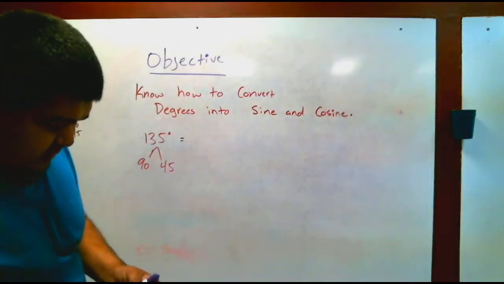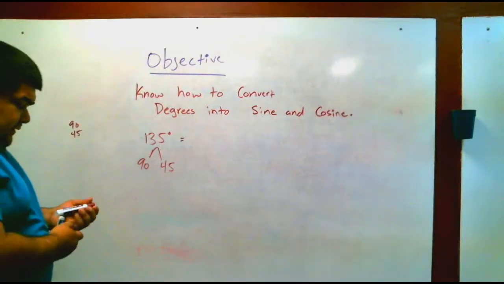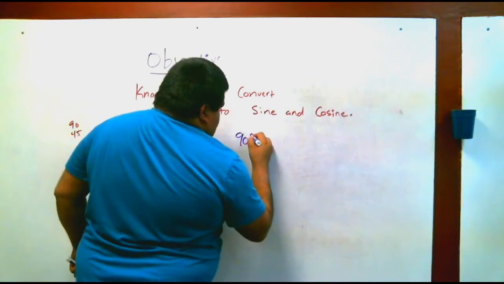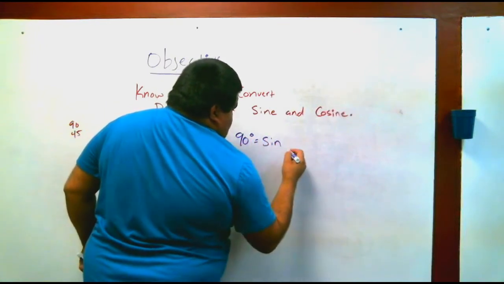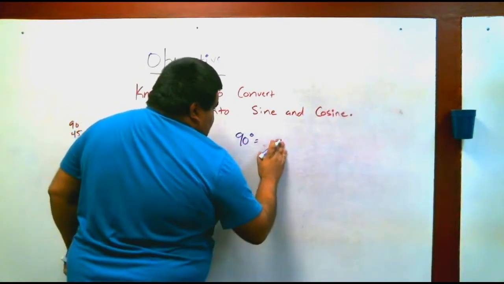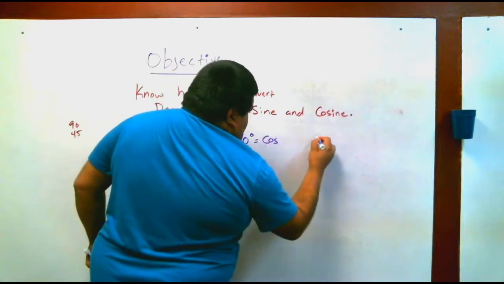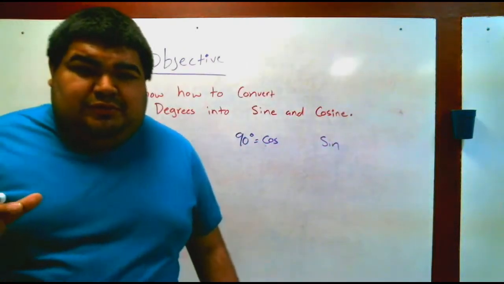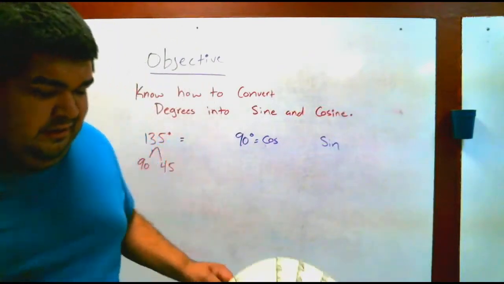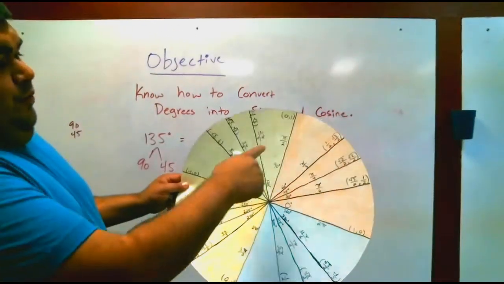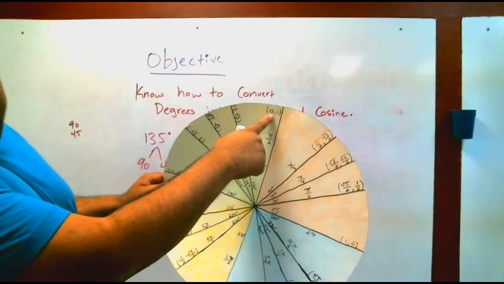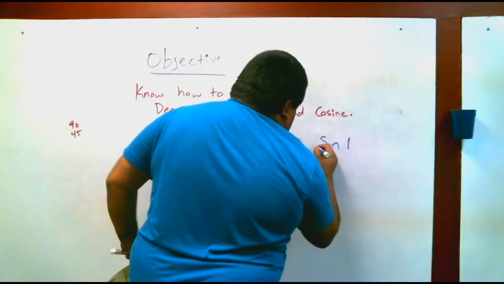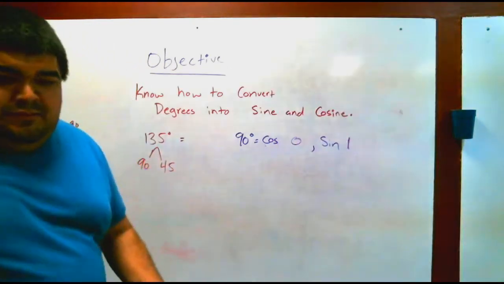So again, we go to 90 degrees. Cosine and sine: for cosine at 90 degrees, we have 0, and for sine, we have a 1.